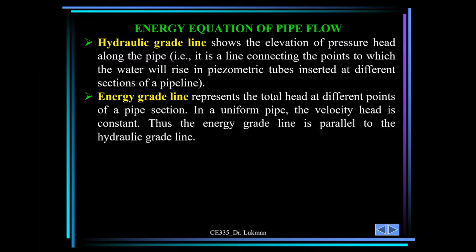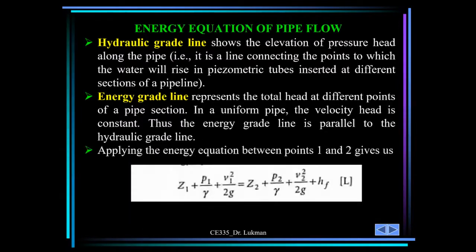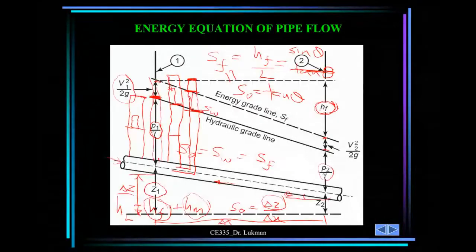So if the velocity in the pipeline increases, the velocity head will increase. If the velocity decreases, the velocity head will decrease. We are going to expatiate more on this.